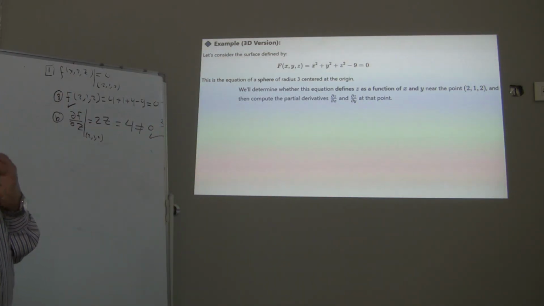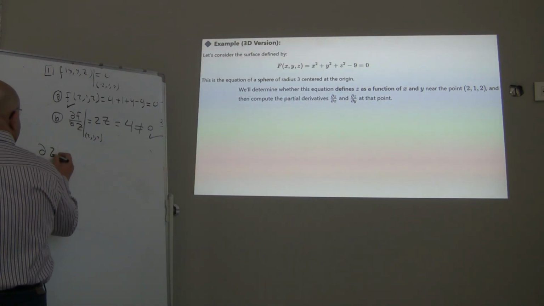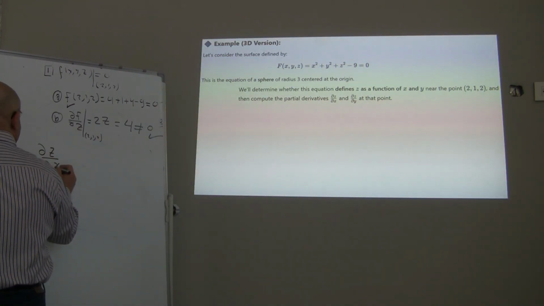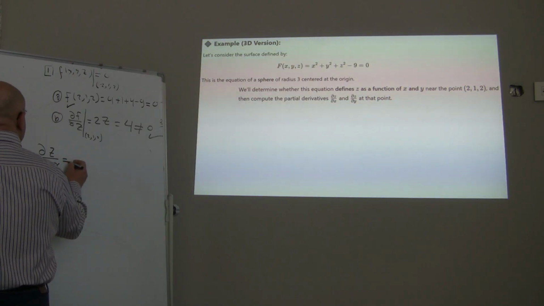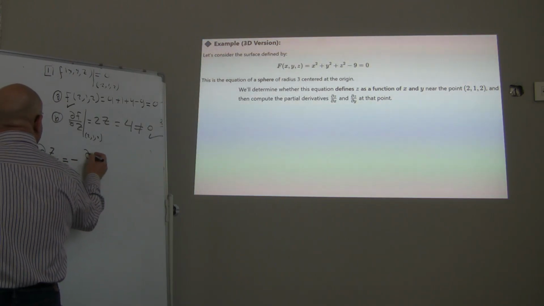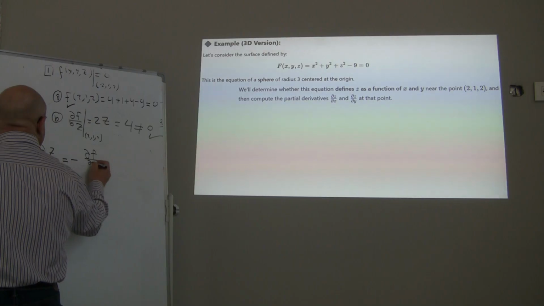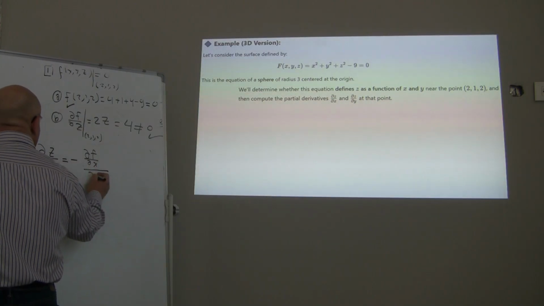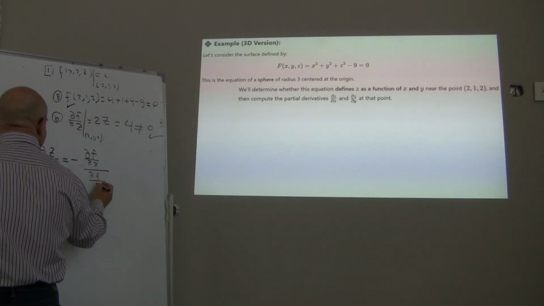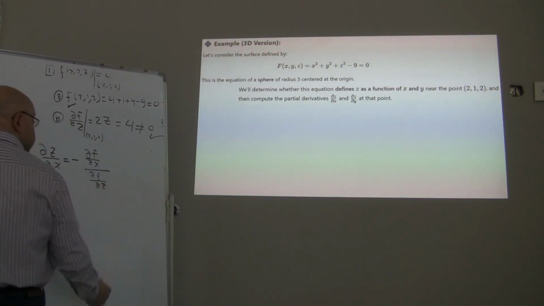Now, I can get the partial derivatives of z with respect to x and z with respect to y. Partial z partial x equals the negative of the derivative of f with respect to x divided by the derivative of f with respect to z.